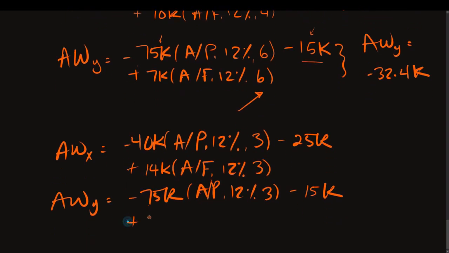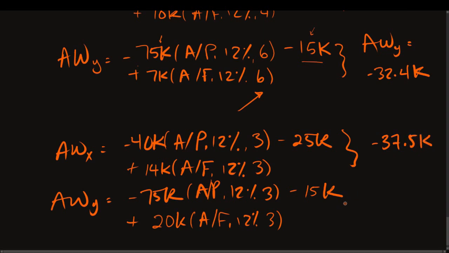Then our salvage value would be 20K, A given F, 12%, 3. If we were to tabulate that up, now we would find this is minus 37.5, and this is minus 40.3. And now, because of that shorter time frame, we would choose X.